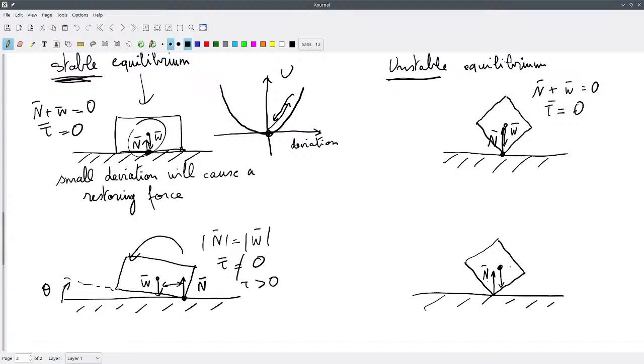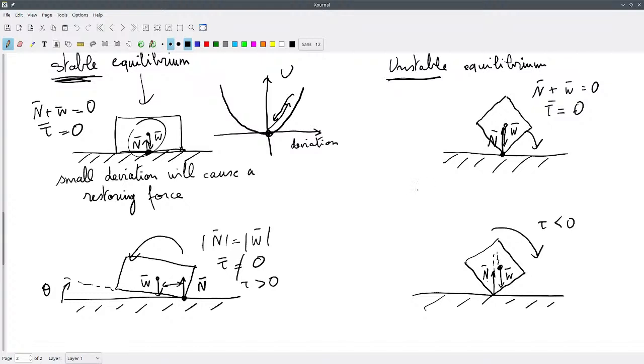The weight is now slightly displaced from the normal force. So now there will be a torque created. The torque in this case will be negative, which means that there will be a clockwise rotation, and we're actually going to move away from that stable equilibrium.